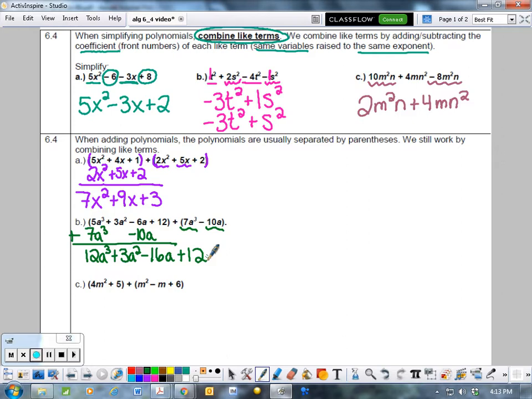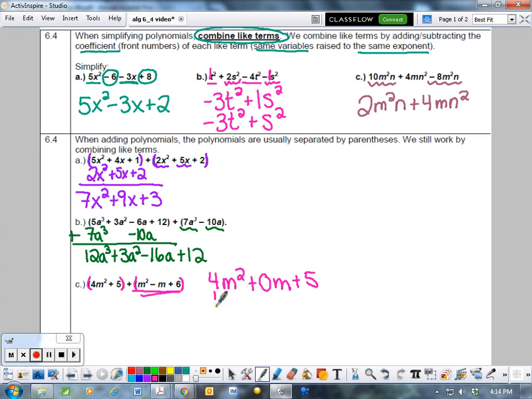Now our next one's a little weird because I have what we call a binomial here, and I have a trinomial here. So I'm going to have one term that's not going to match up. So sometimes this is what I'll do. I'll go ahead and rewrite this 4m squared plus 0m plus 5 to give myself a placeholder. So that way when I line up this one underneath it, I have a spot for everything.